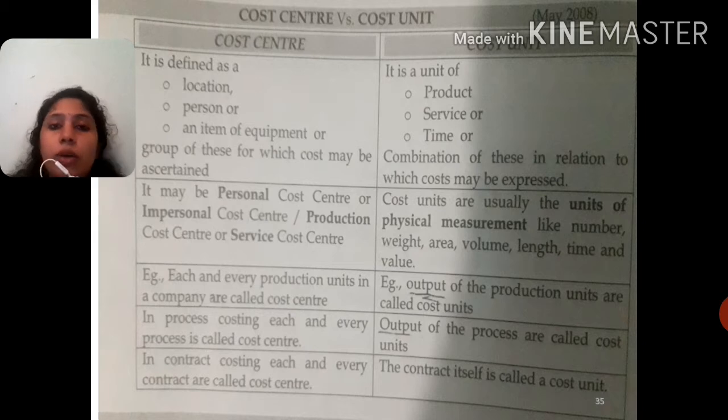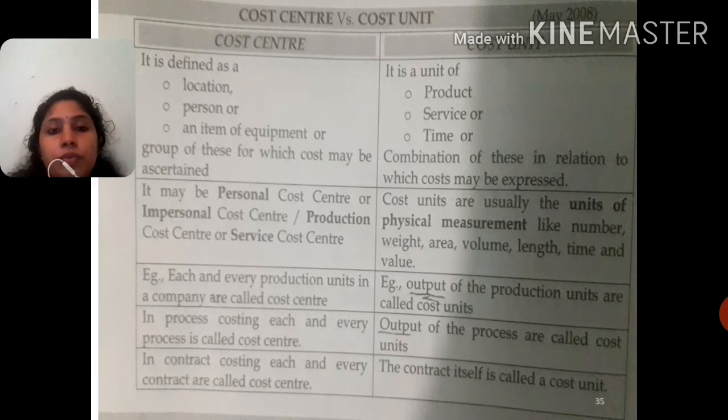That point I said already. In case of a manufacturing concern following process costing, they can consider each process as a cost center. Production may be going through different processes or stages, and each stage can be considered as a cost center.